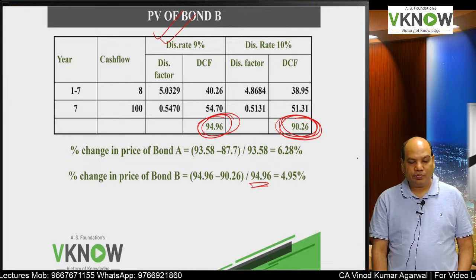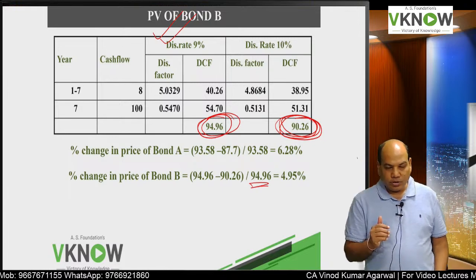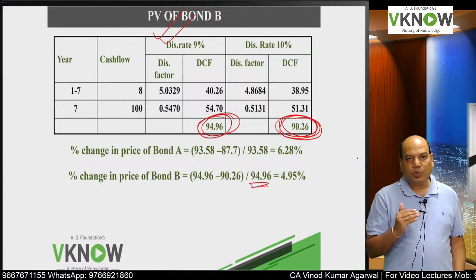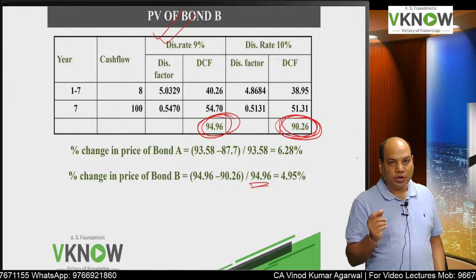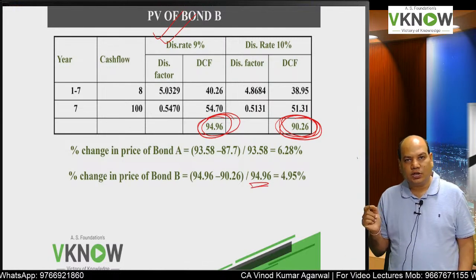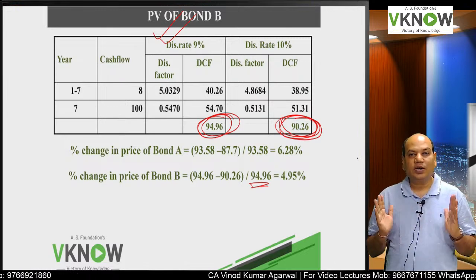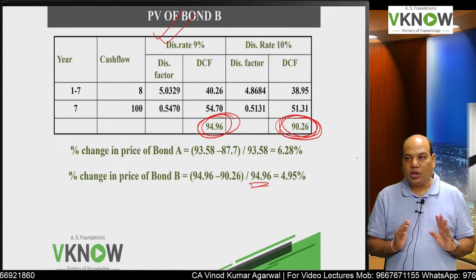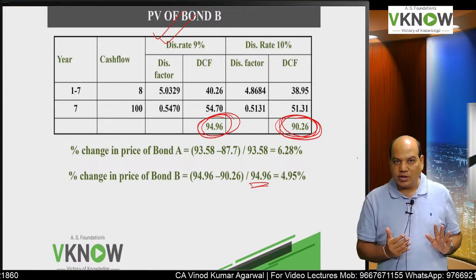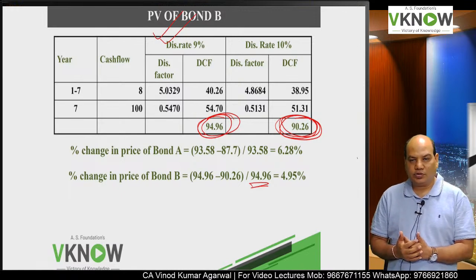What is the proof here? The proof is that if a bond has longer term to maturity, it will be more price sensitive for a given change in YTM. That is why we say long term bonds are riskier. If the YTM changes, their value will change by a higher percentage.